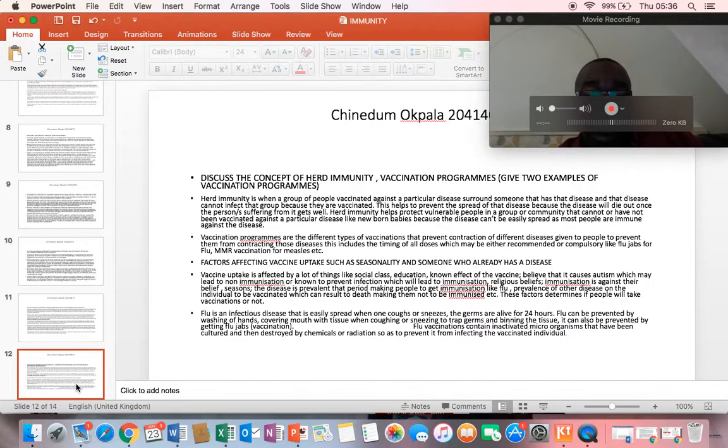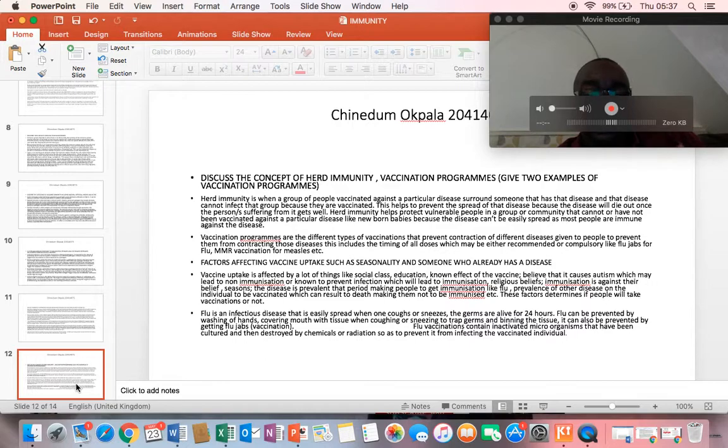Vaccine uptake is affected by a lot of things like social class, education, known effect of the vaccine, belief that it causes autism, which may lead to non-immunization, or known to prevent infection, which may lead to immunization. Religious beliefs: when immunization is against their belief.